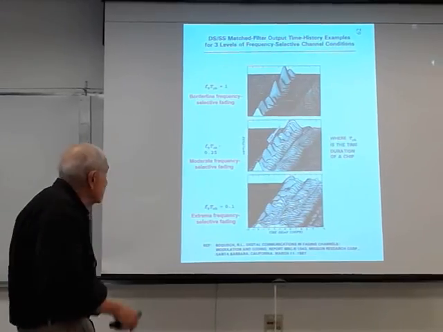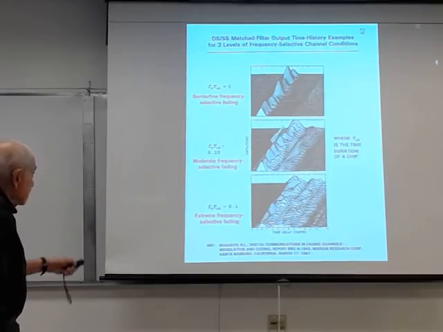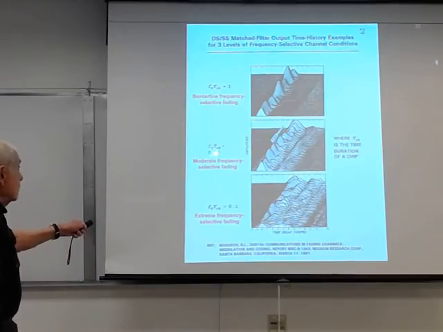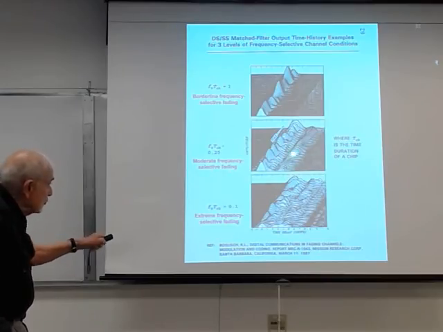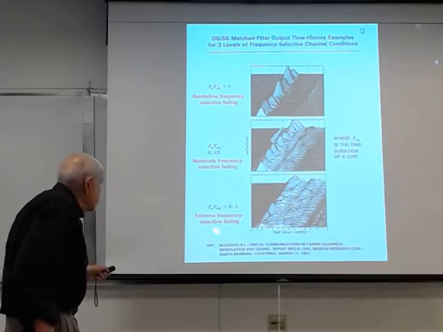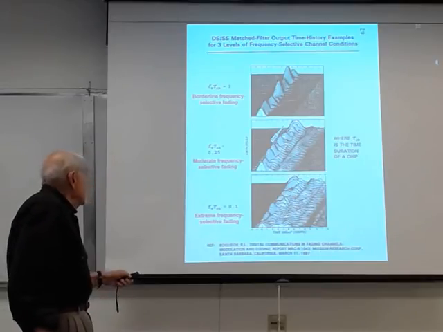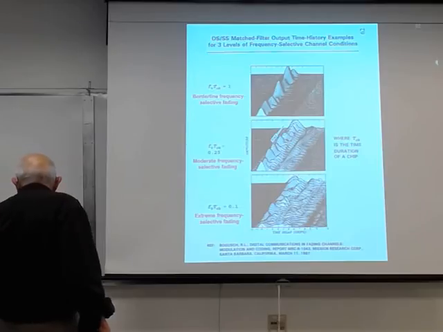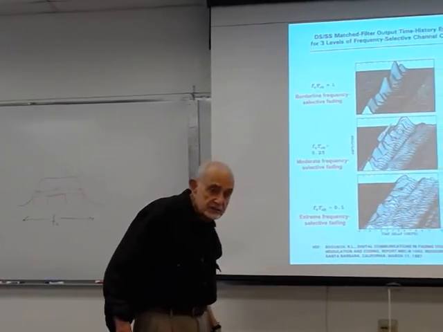You're just on the borderline, because if your bandwidth was any larger, and here's a case where the f sub 0 over the spread spectrum bandwidth is simply a quarter, and that's moderate frequency selective fading, and you see you've got a lot more fingers. The time, as time is going on, is going along that diagonal. And here's the case where f sub 0 over the spread spectrum bandwidth is simply 1/10. And again, that means that the bandwidth is very large, but the coherence bandwidth is only 1/10 of that, and you got like 10 fingers of return.